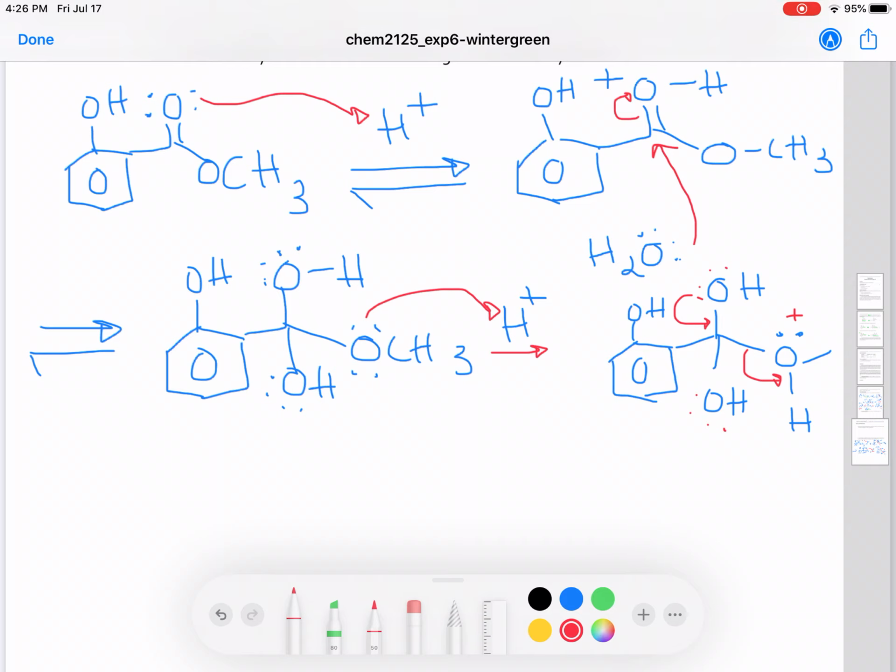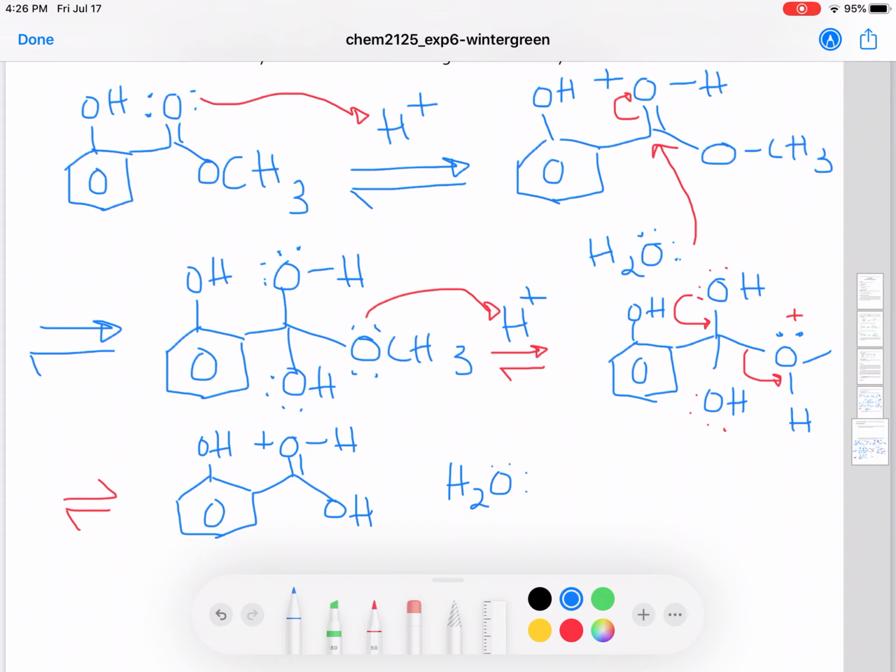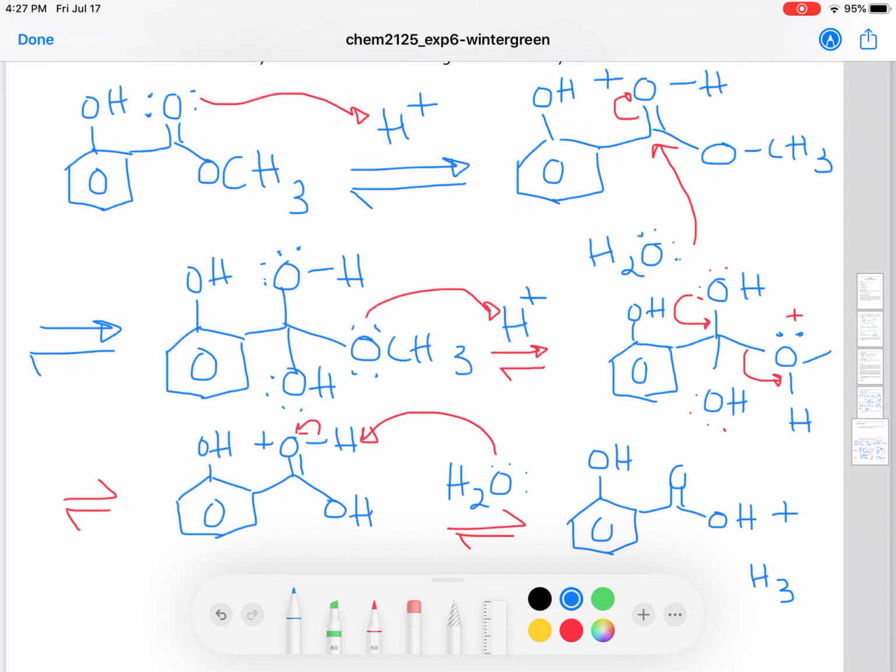So a lone pair on one of these oxygens is going to form a double bond, a pi bond, and now we have a good leaving group, which is going to be a neutral methanol molecule. So this is going to form this intermediate, which now has a positive charge, with oxygen having 3 bonds, and then another water molecule from the medium comes in and grabs this excess hydrogen and gives us the salicylic acid, plus hydronium ion, H3O plus.